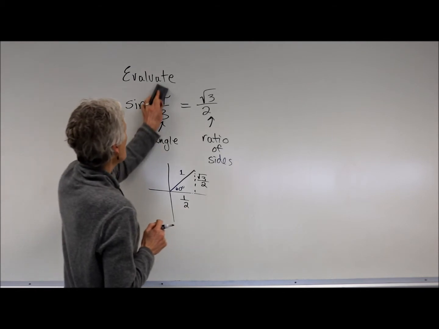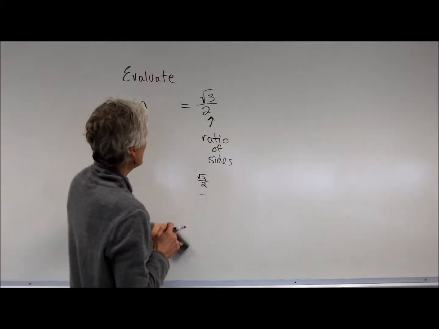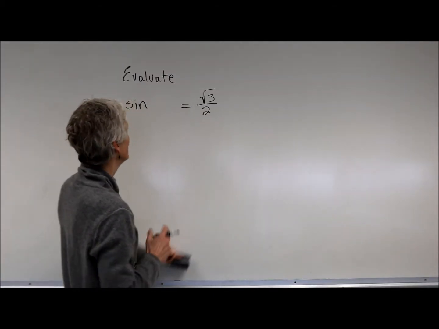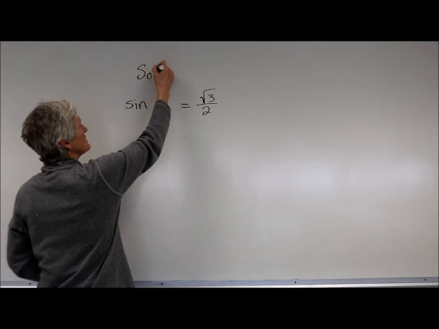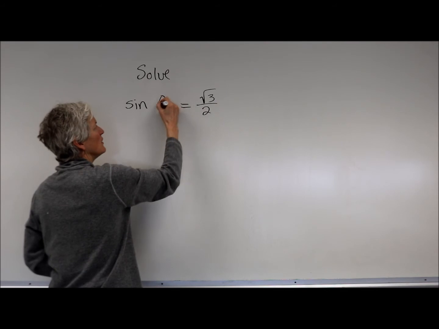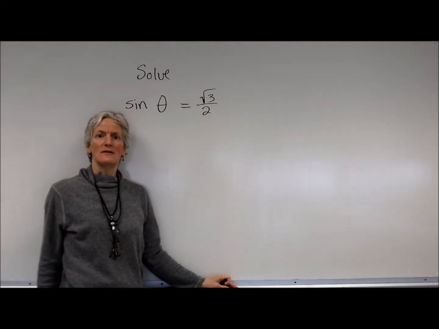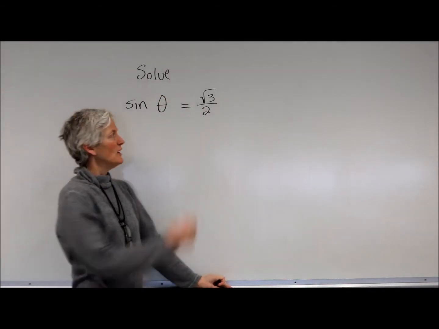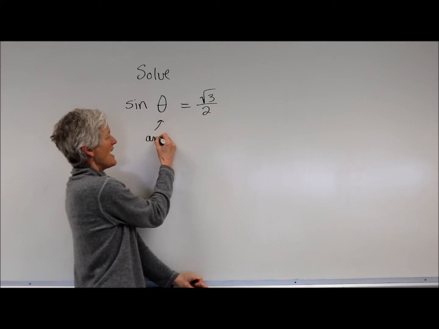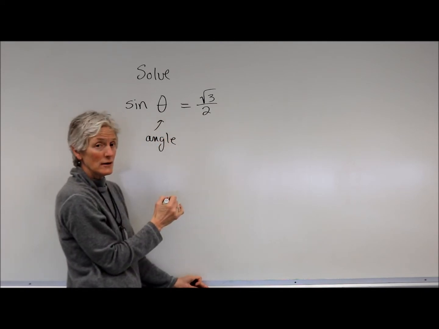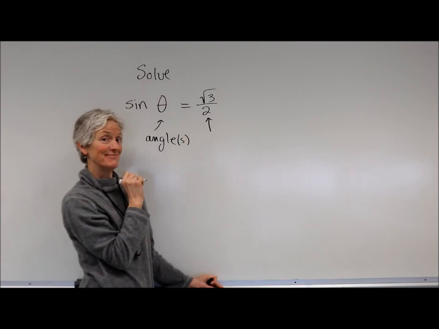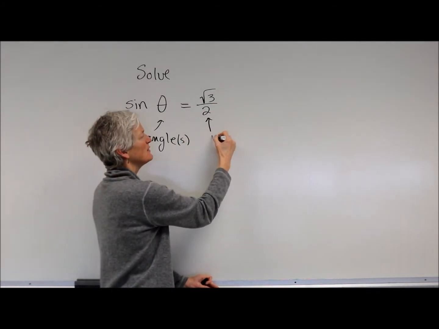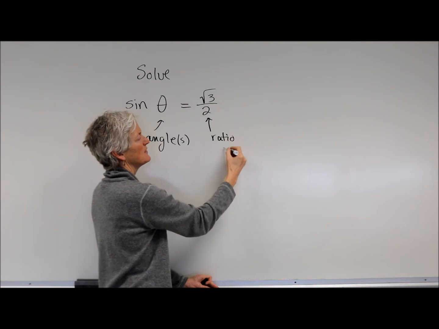So what happens if instead of asking you to evaluate an expression, I say solve something like this? In other words, I'm asking for the angle or angles that result in a ratio of sides.